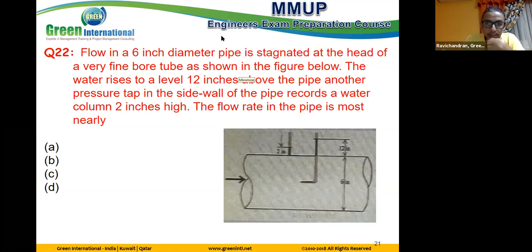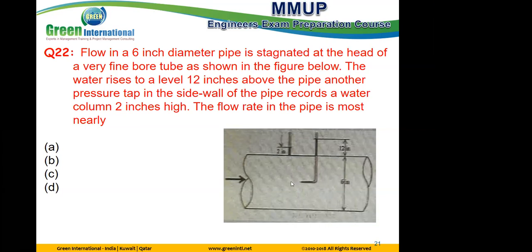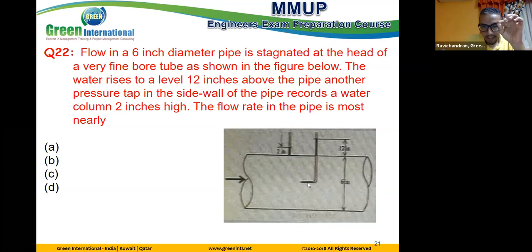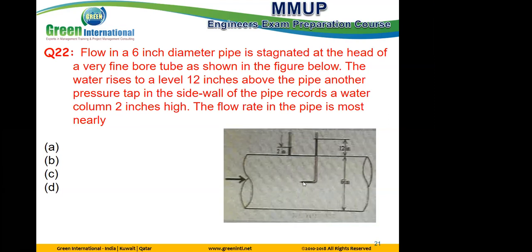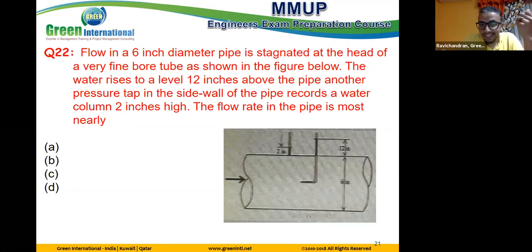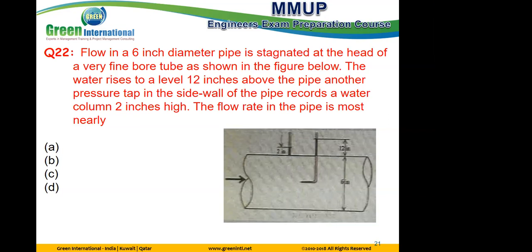No, both measure the same point. The diameter of the pipe? No. Different velocity. What is the velocity for each one? You are close, but give me more. It's inviscid flow.